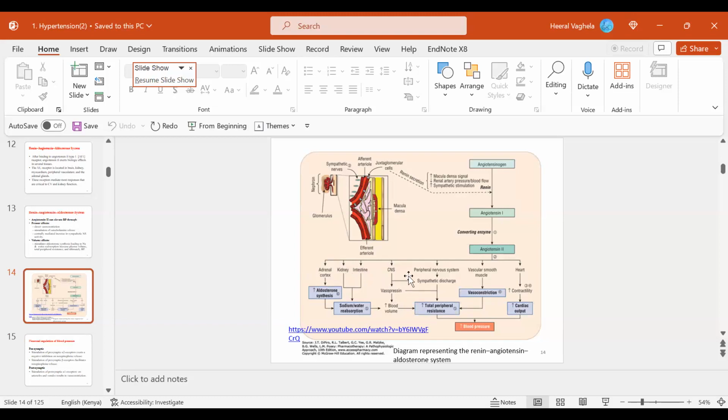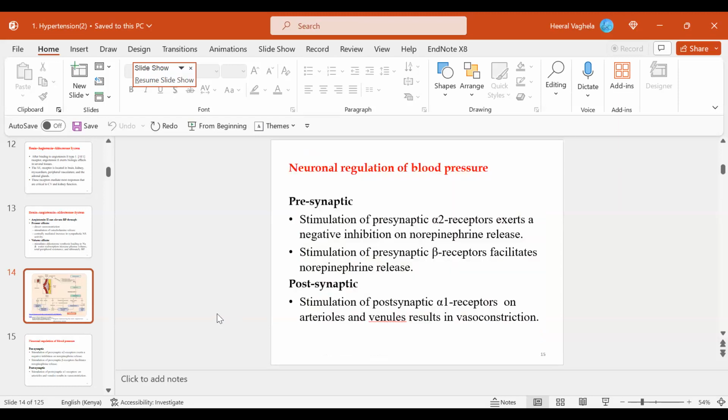On the CNS, it stimulates the secretion of vasopressin, which increases blood volume. Then it also increases your total peripheral resistance and increases cardiac output and vasoconstriction. So all of this together increases your blood pressure.